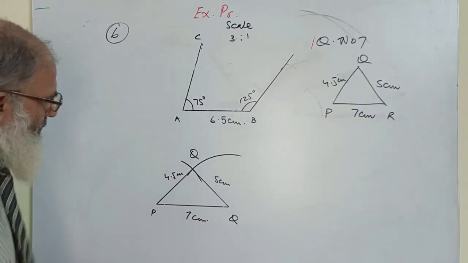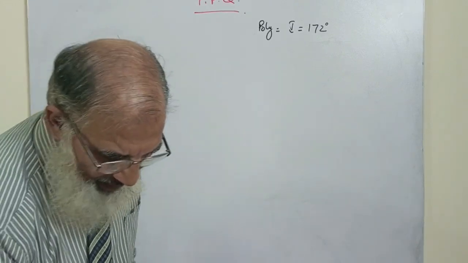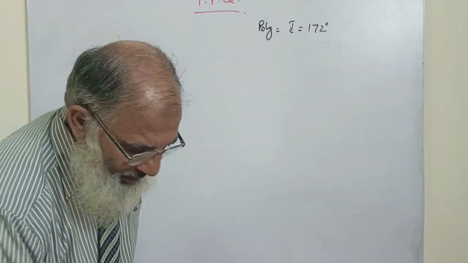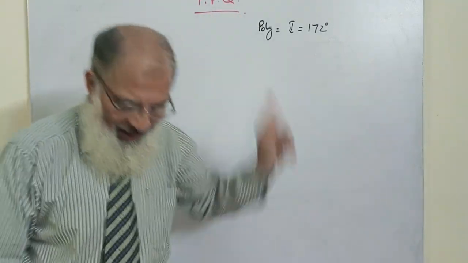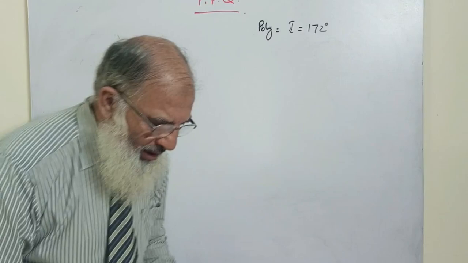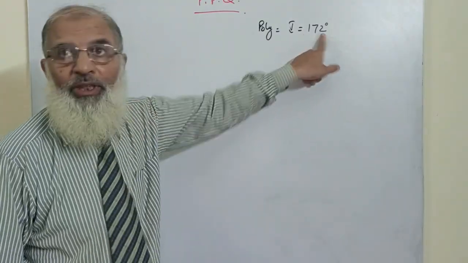So it is drawn. Very easy it was. Now, dear students, I hope that I have some time left so I can cover the past paper questions. Question number 1 says a regular polygon has an interior angle of 172 degree.